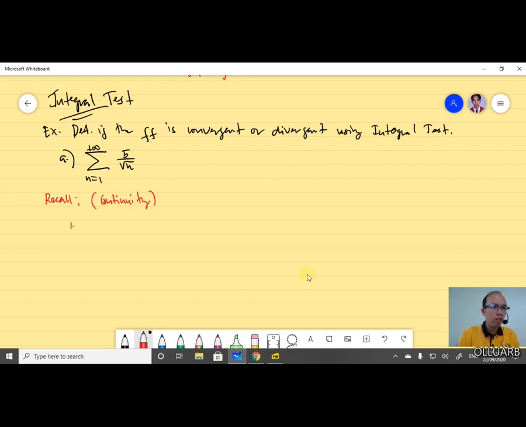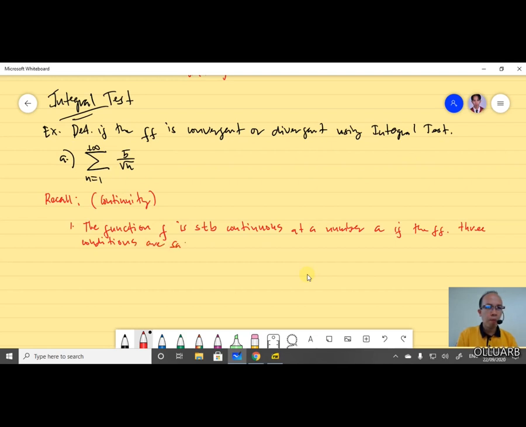The function f is said to be continuous at a number a if the following three conditions are satisfied.